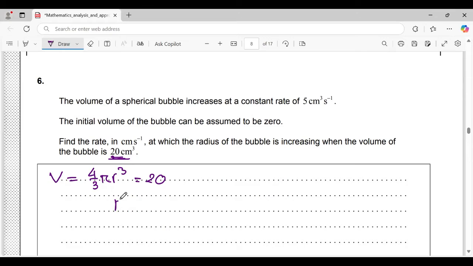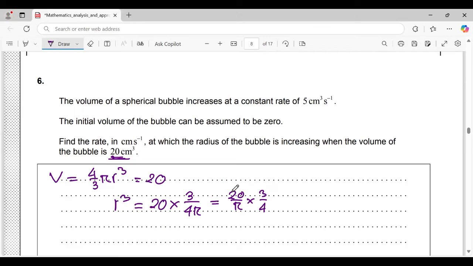It's going to be r cubed equals 20 times 3 over 4 pi, or 20 over pi times 3 over 4.